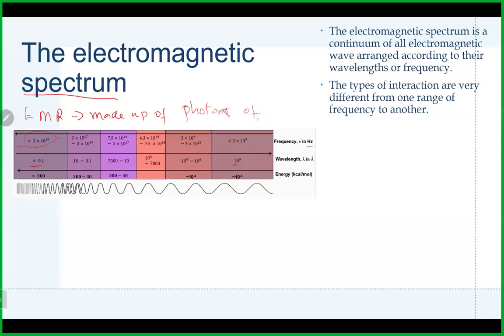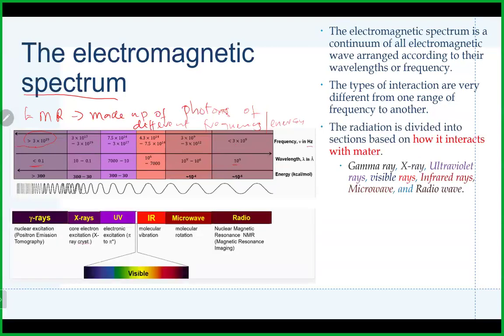Photons of different frequency, or if you prefer frequency or energy or wavelength, whichever one you want to choose. It's something that is common to all the photons: their frequency, their energy, their wavelength.